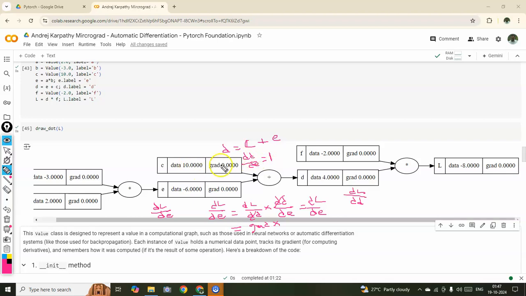If it is addition, we always get 1. If it is negative, we get negative 1.